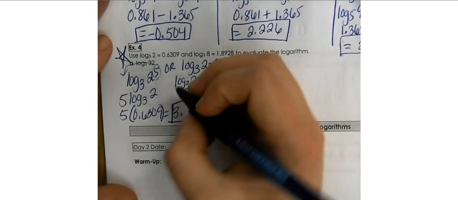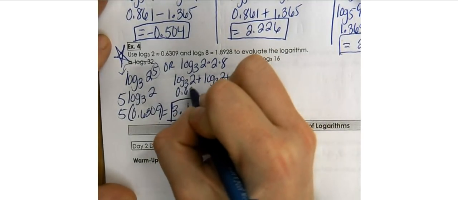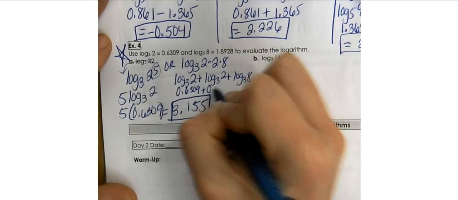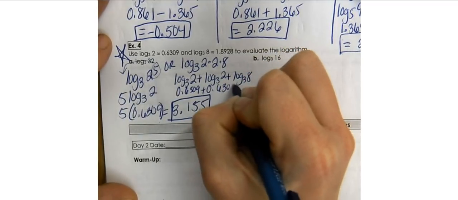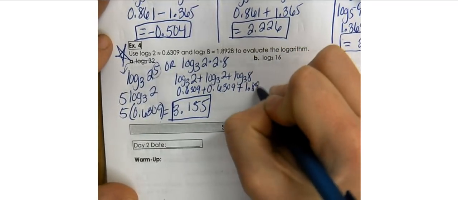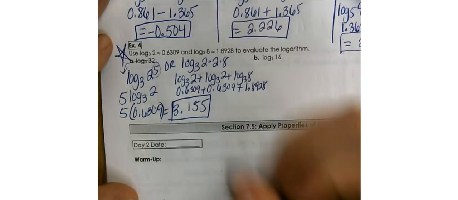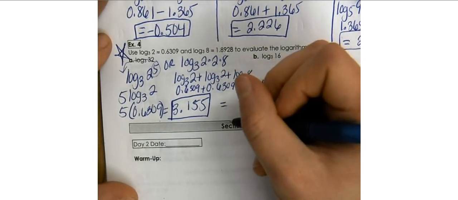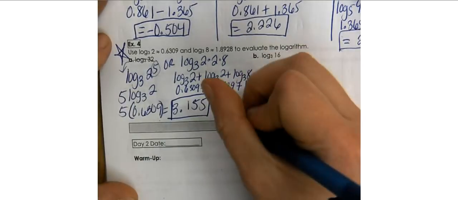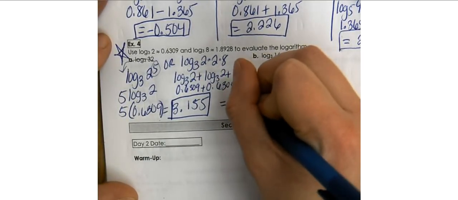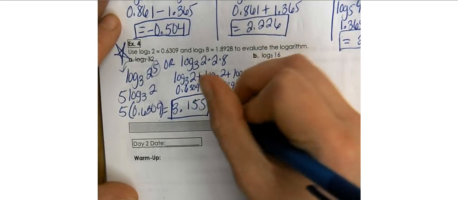And therefore it's 0.6309 plus 0.6309 plus 1.8928. And if you add all of those numbers together, once again, you should end up with 3.155.